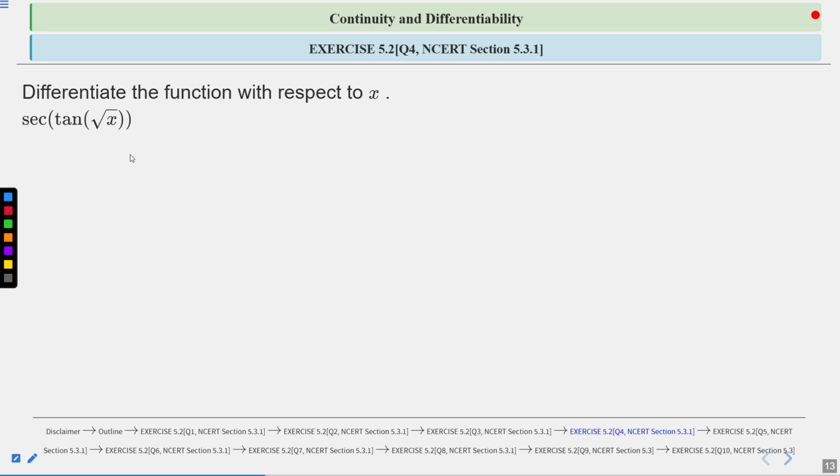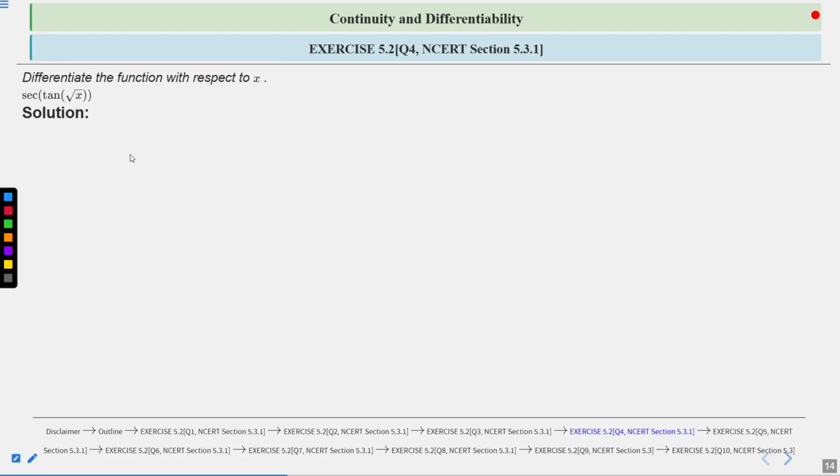I'm giving you 15 seconds to solve or think about this question. After that, we will discuss the solution part. Okay, let us move to the solution part.